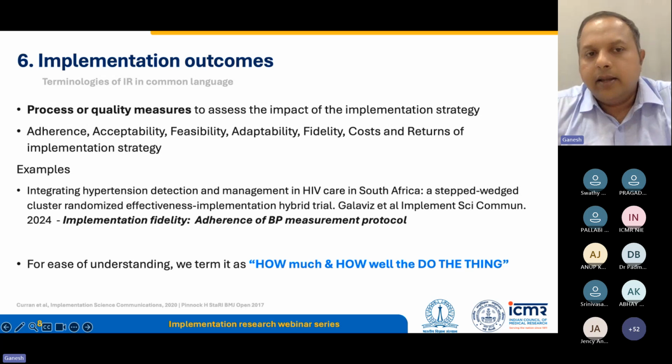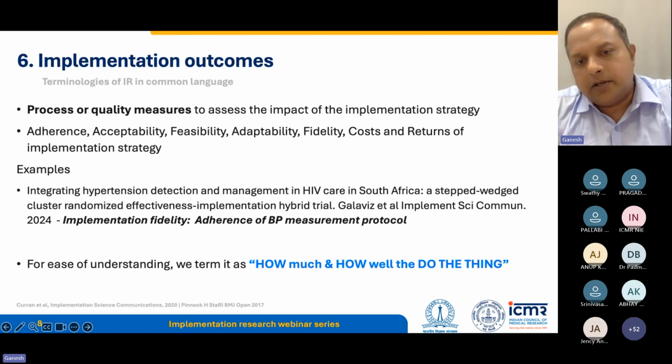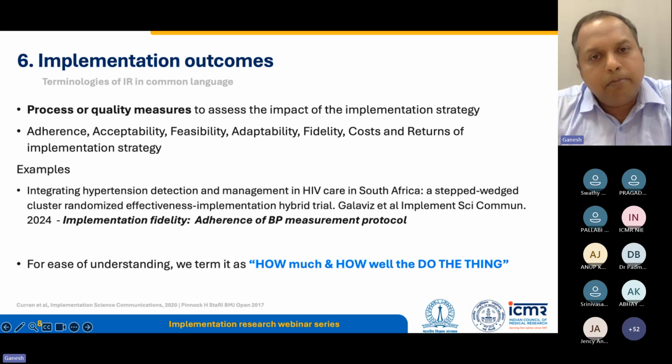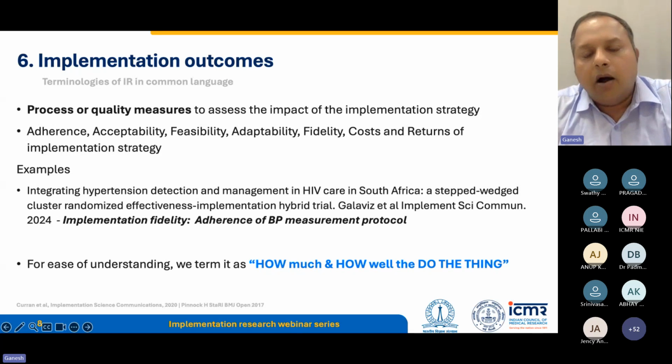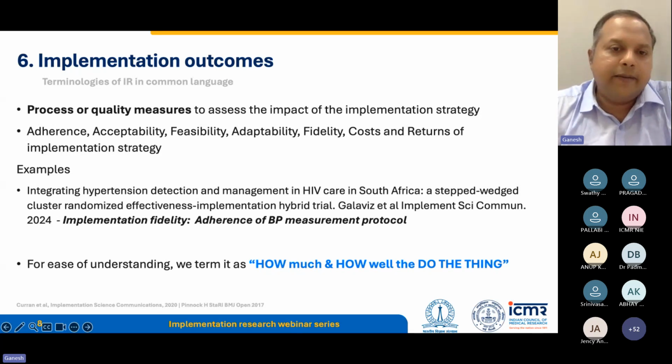Please understand, in clinical effectiveness outcomes, what we will try to measure when we are introducing a hypertension reduction and management program in HIV care is control of blood pressure. Whereas here, the implementation outcome is adherence to the BP measurement protocol by the clinicians or compliance of the patients on the treatment regimen.